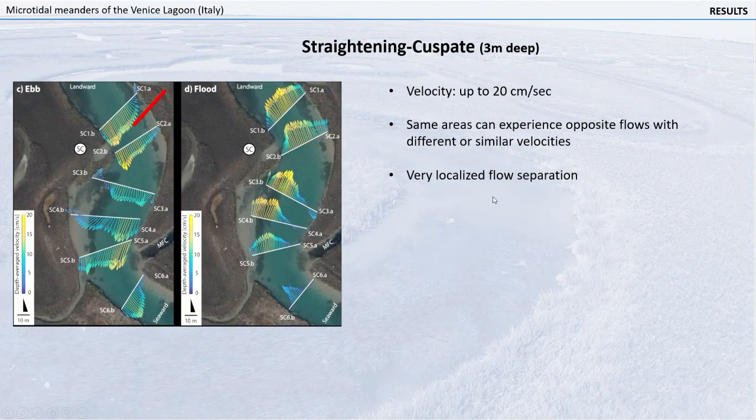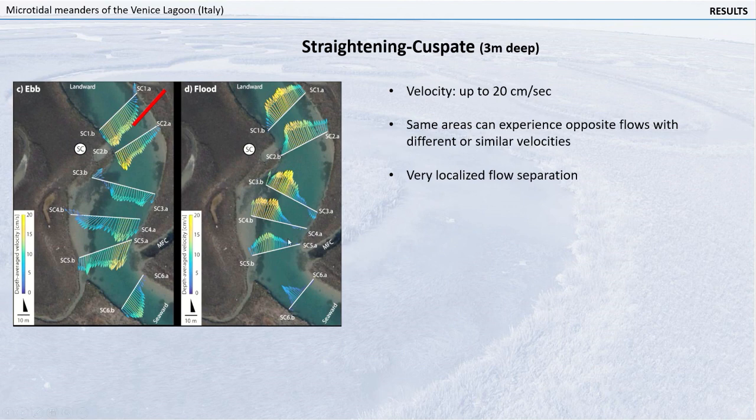If we shift to the next case and analyze the cuspate straightening channel, it is slightly deeper than the previous one, 3 meters against 2 meters. In this case we can clearly see that the flow velocity is similar, more or less 20 centimeters per second. Also in this case we don't see clear flow separation processes; these are very localized.